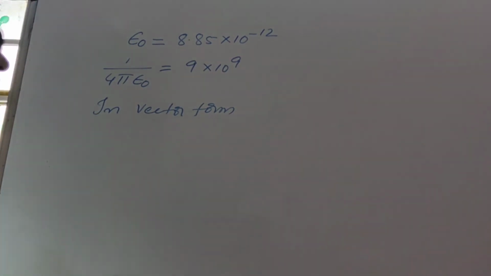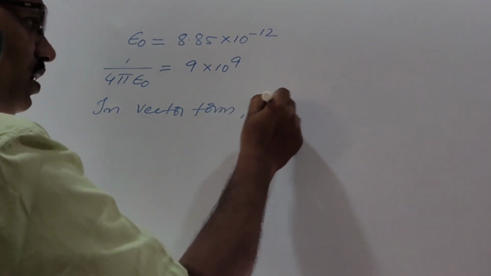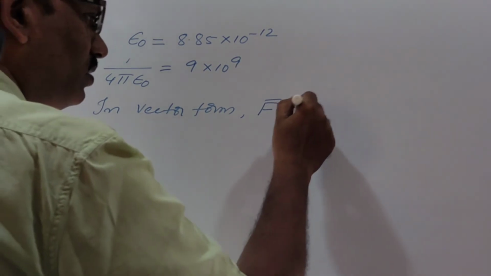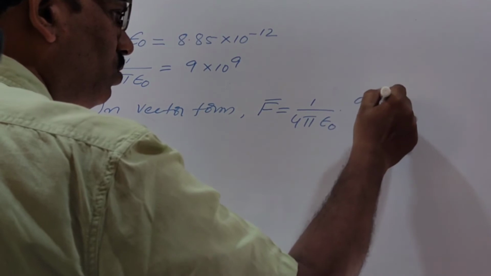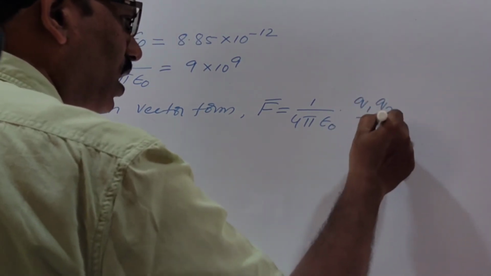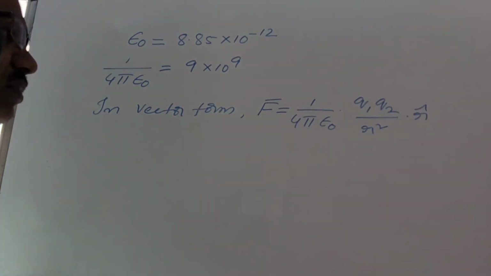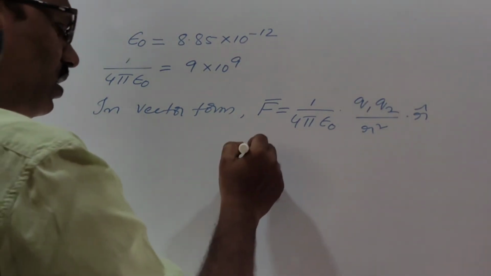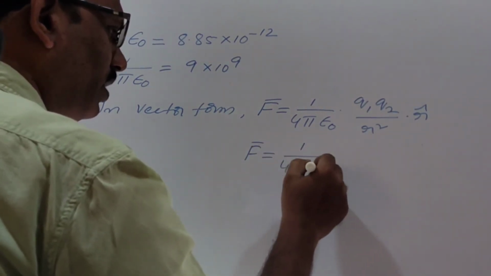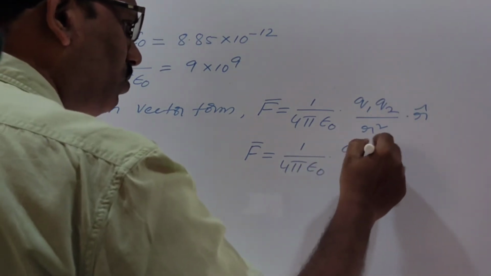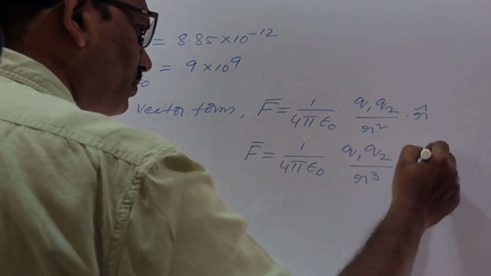In vector form it can be written as F bar equals 1 by 4 pi epsilon naught into Q1 Q2 by R square into R cap, or this can also be written as F bar equals 1 by 4 pi epsilon naught into Q1 Q2 by R cube into R bar.